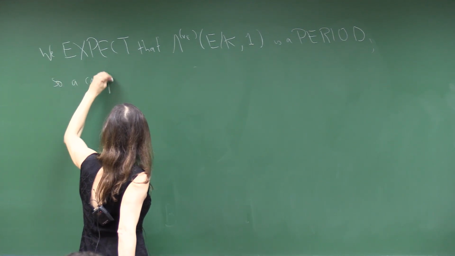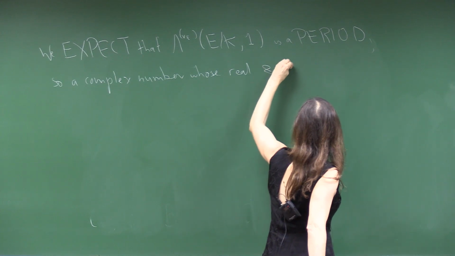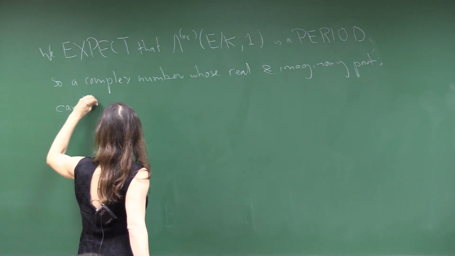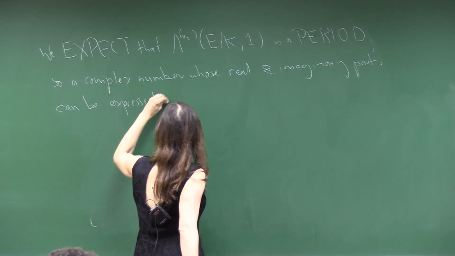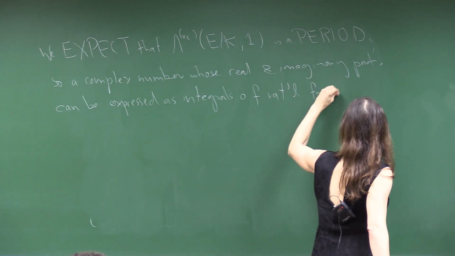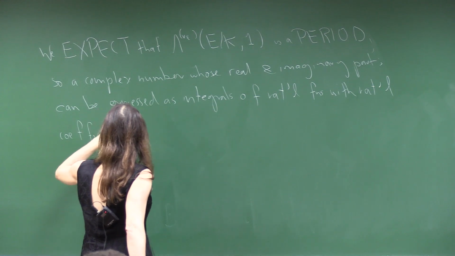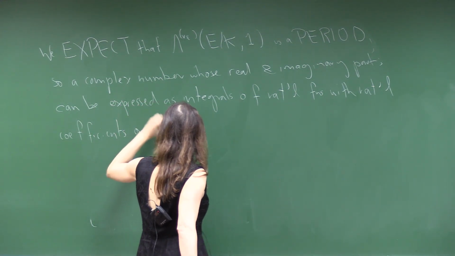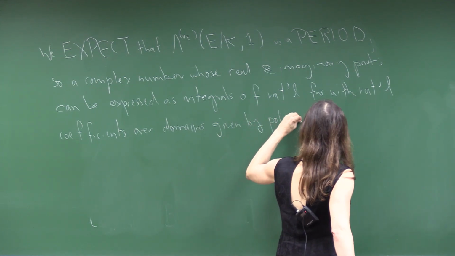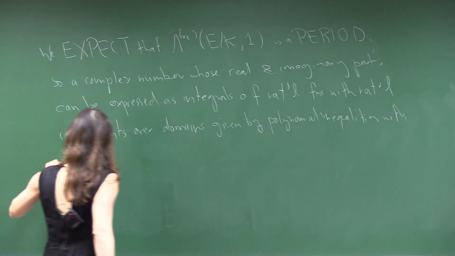A complex number whose real and imaginary parts can be expressed as integrals of rational functions with rational coefficients, over domains given by polynomial inequalities with rational coefficients.